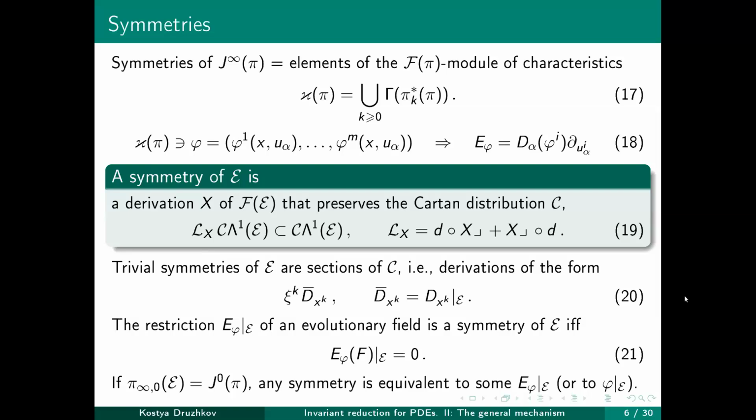And it's important to know that if our projection from the set of formal solutions to the zero-order jets is surjective, then any symmetry is equivalent to some evolutionary vector field restricted to epsilon, or in other words, it is equivalent to the restriction of its characteristic to epsilon. So in essence, all symmetries are evolutionary symmetries in this case.